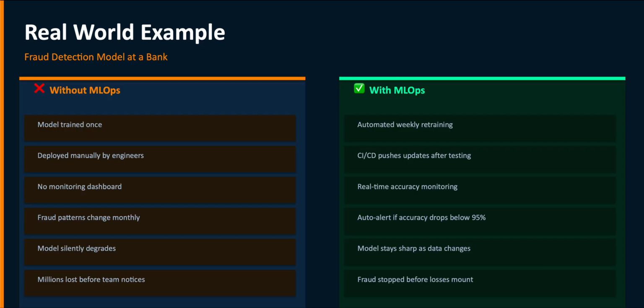Let me make this real with an example that most people can relate to: fraud detection at a bank. Without MLOps, the data science team may train the model, a great model, deploy it once, and move on. But fraud patterns evolve.